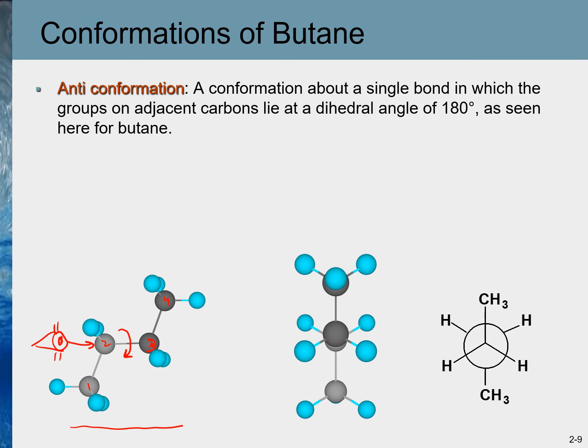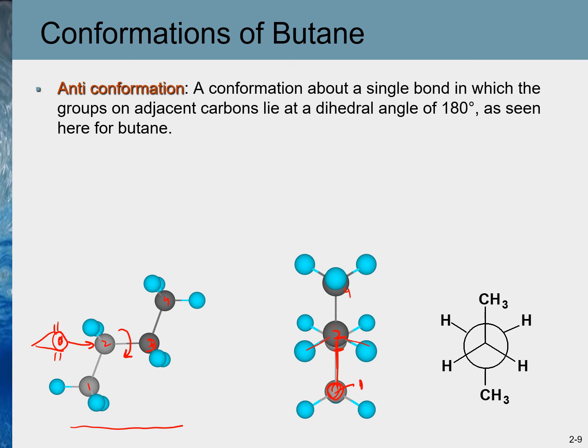In this arrangement, if we look from carbon 2, it will appear that carbon 2 is here and two hydrogens are connected to carbon number 2, so these two, and then carbon 3 is right behind it, so that's carbon number 3. Now carbon number 1 is connected here, so this will be carbon number 1, and carbon number 4 is connected to carbon 3, which is here.